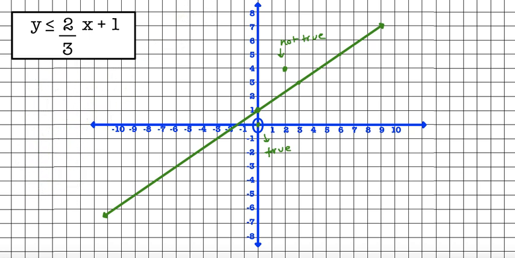So because the true statement is underneath the line, that is where we're going to shade. So we're going to shade everything underneath this line.